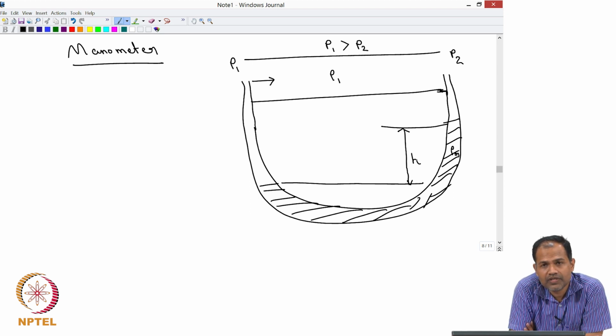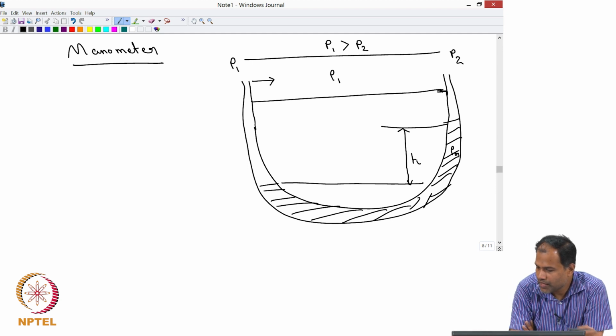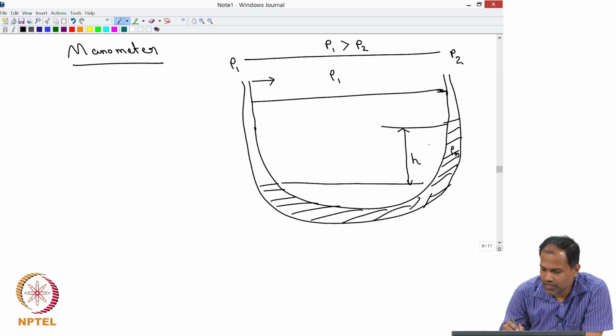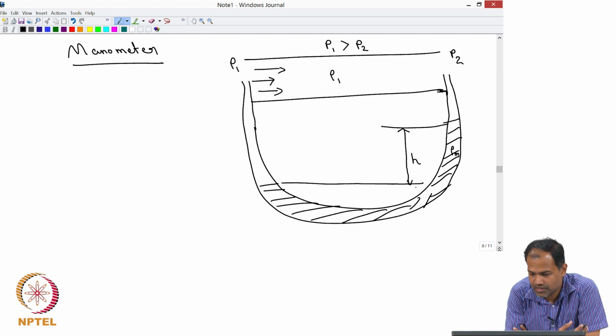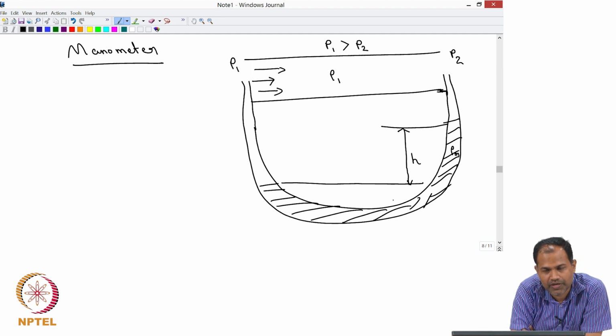Now, from our previous analysis, we have found that this manometric fluid right now is a static fluid. Even though there is a fluid that is flowing in the pipe, the manometric fluid is a static fluid, and therefore the calculations that we just did are applicable for the manometric fluid. So, let us use that fact.